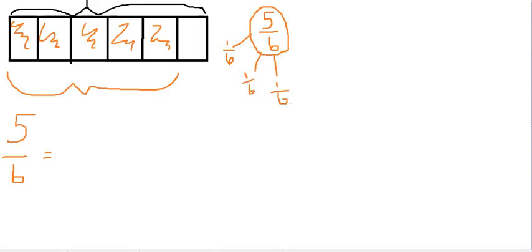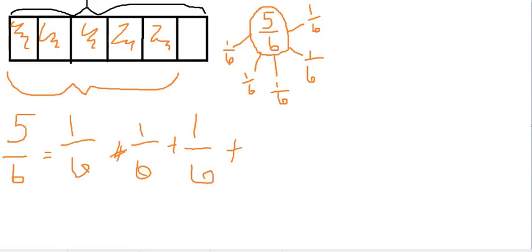And if you're done, you can go ahead and start writing your addition sentence. So our addition sentence would say 5/6 equals 1/6 plus 1/6 plus 1/6 plus 1/6 plus 1/6.